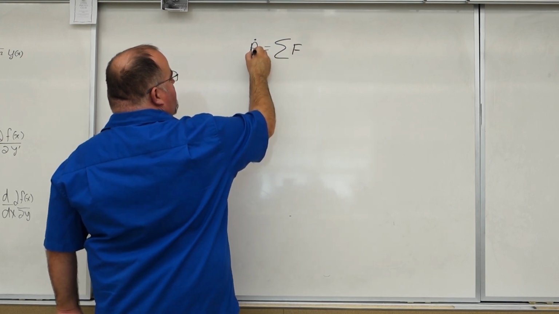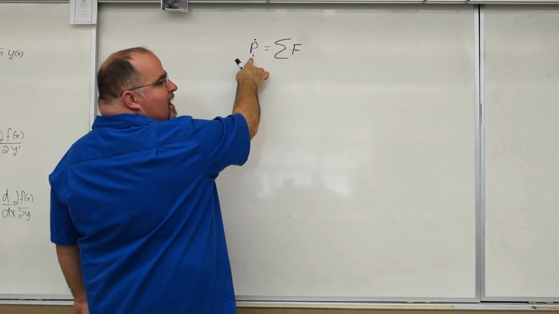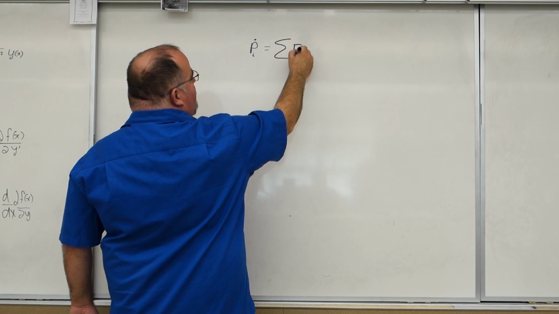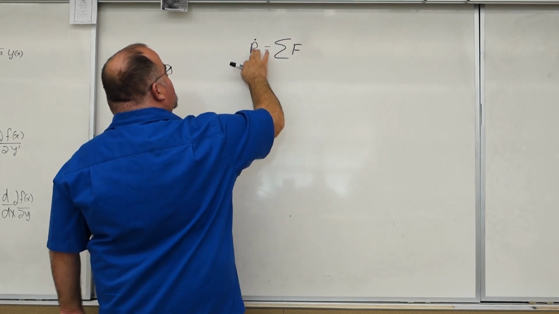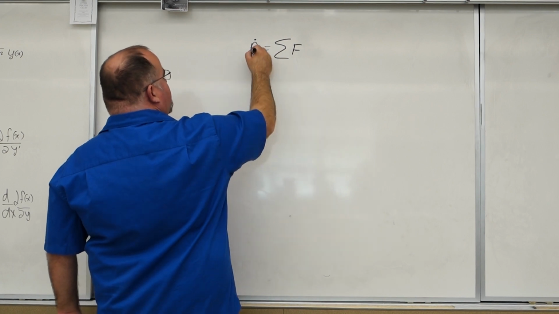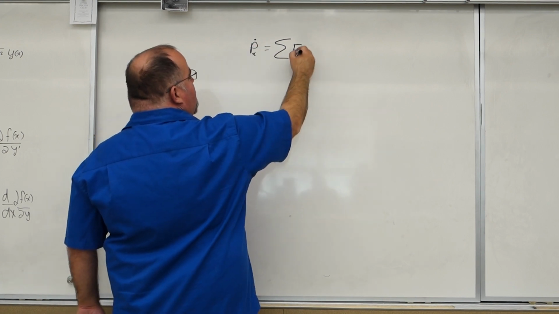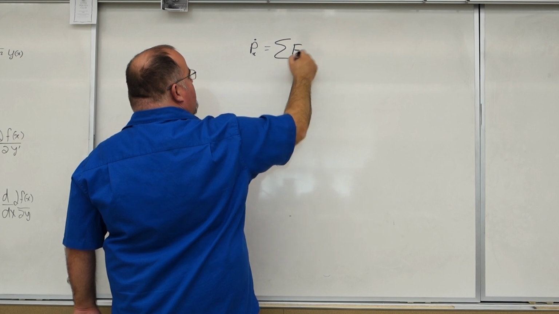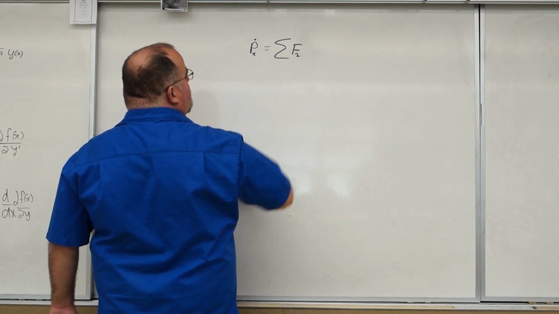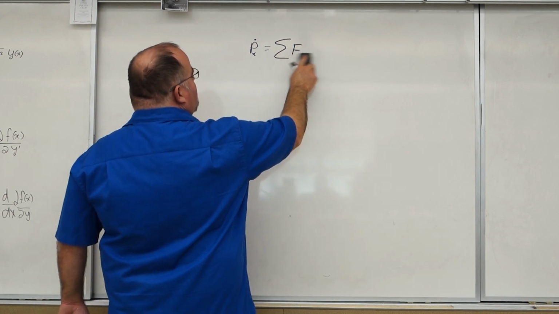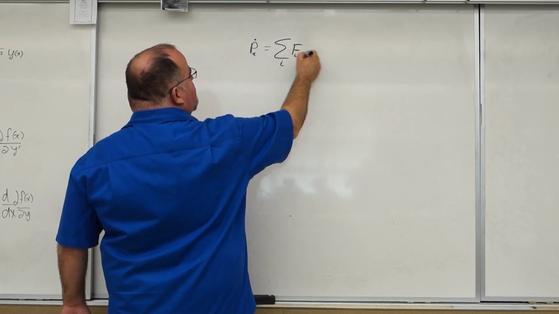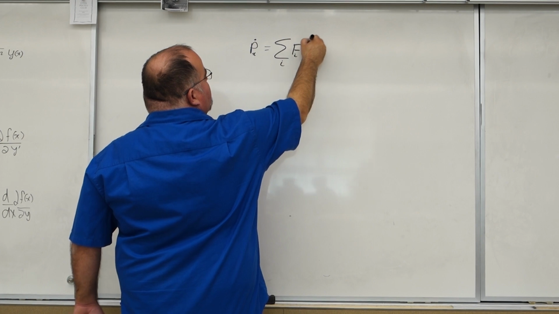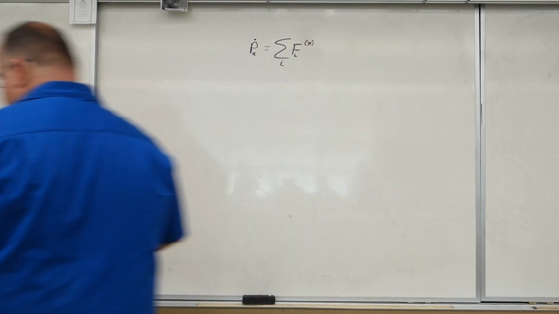If this is direction i, that could be X, Y, or Z. Let's just talk about the direction of X for now. This is the sum of the forces in the X direction, and I need space for a subscript, because we're summing up over all the forces.